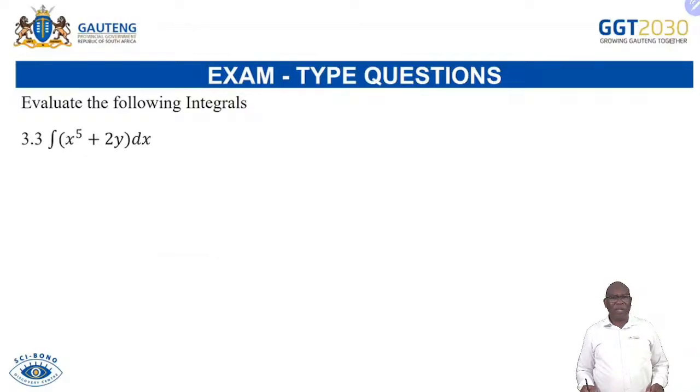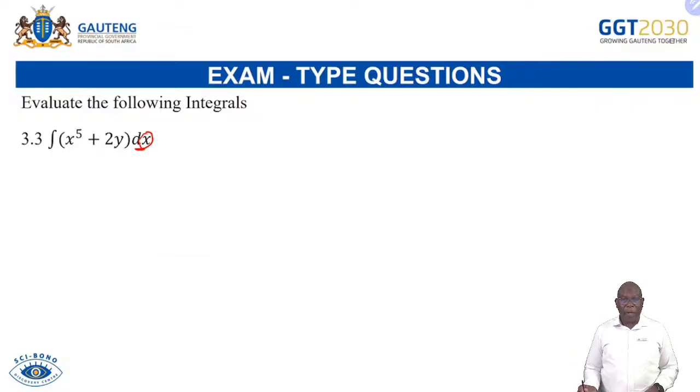Now here's this one with an x and a y, and you're wondering, wow, what should I do now? If this question was find the following derivative, then here they wrote dy, so I'll only look at the y. But in this case, they say dx, so I'll only look at the x.